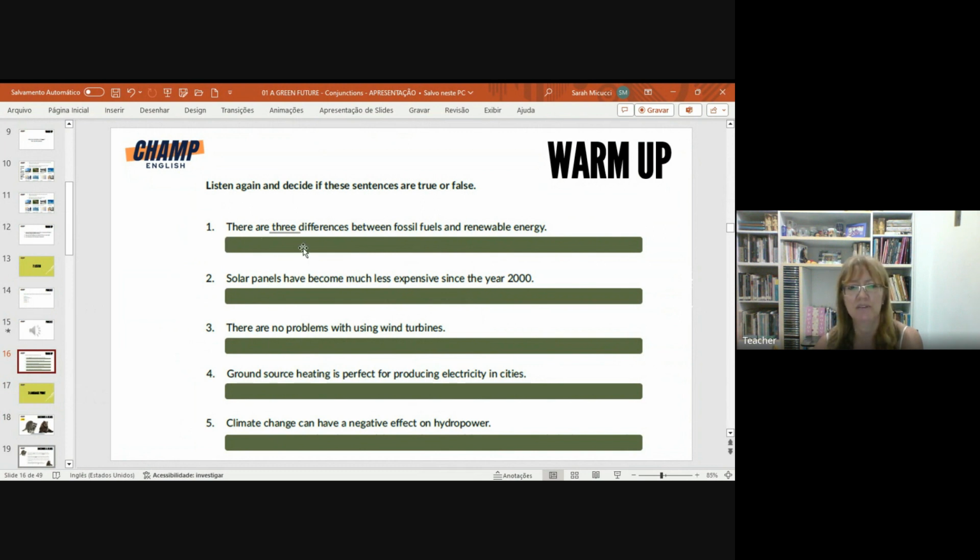Number one, there are three differences between fossil fuels and renewable energy. Is that true or false? What do you think? Okay, it is false because there are two differences, right? Fossil fuels run out, and they also cause climate change.